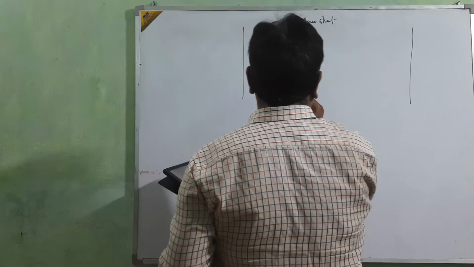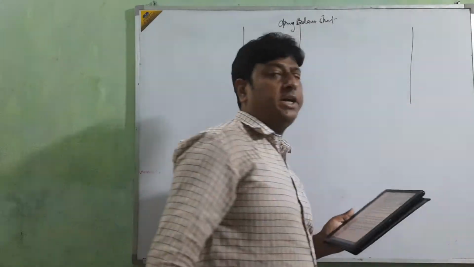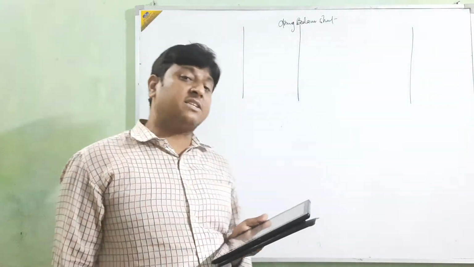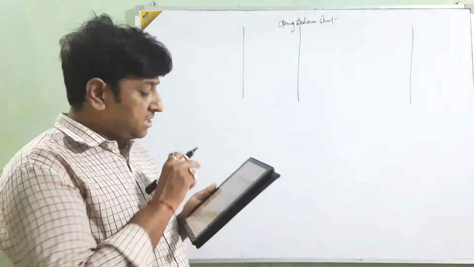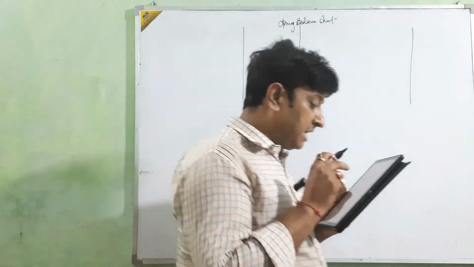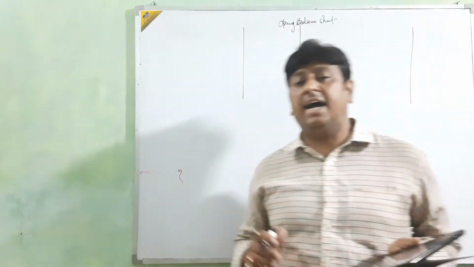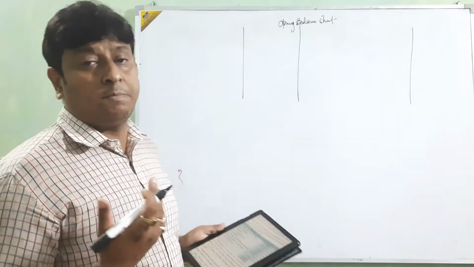In this opening balance sheet, first we are going to show the cash. The opening balance, balance b/d, is 4400, and that will show as opening cash.